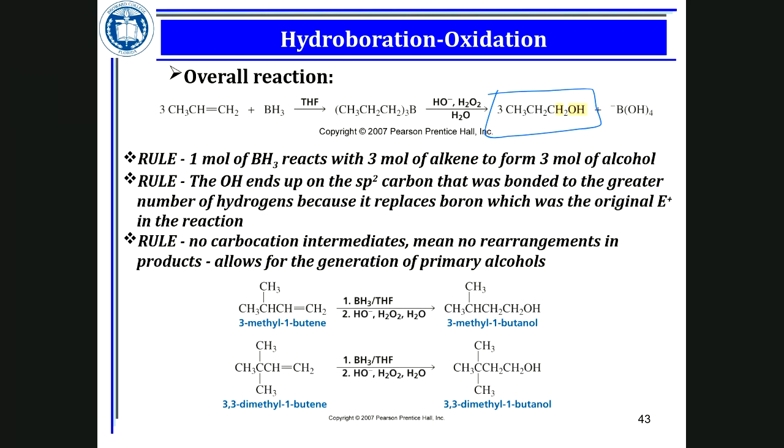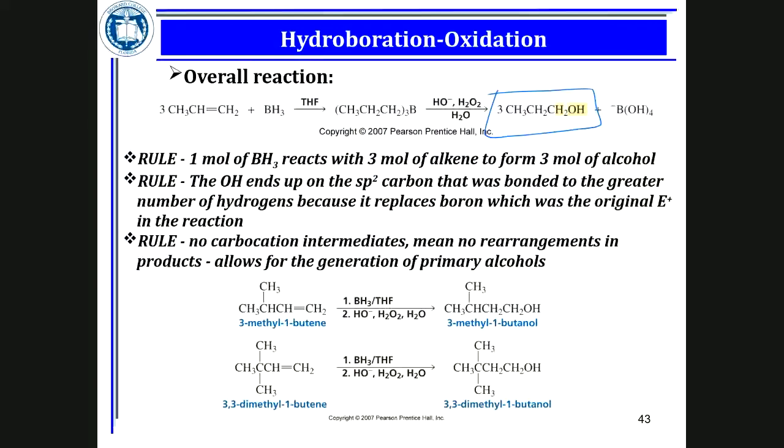What's the difference between hydroboration oxidation and direct hydration? Direct hydration gives the Markovnikov product. Hydroboration gives anti-Markovnikov. Oxymercuration, demercuration gives the Markovnikov product, and the addition is anti-addition.